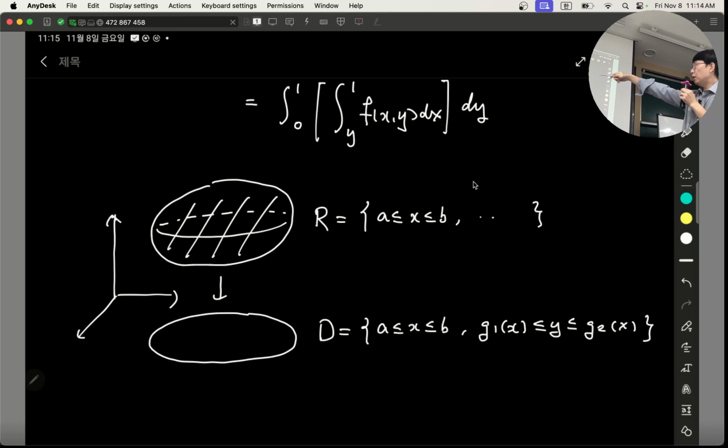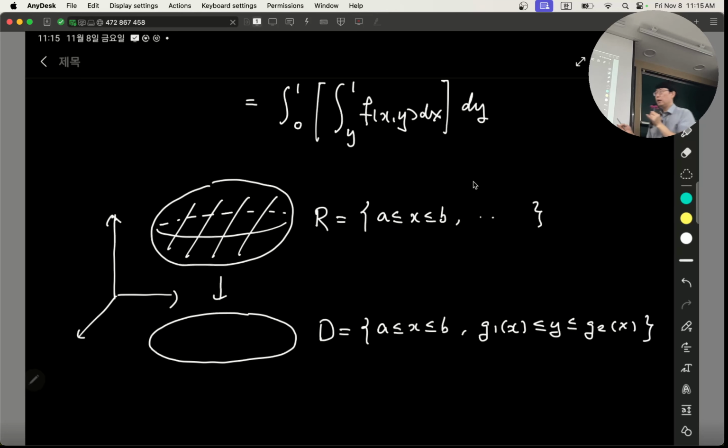So when you take the integration over R, you're taking a partition of R, or maybe you can partition the big cube that contains R, to get the integration. You take the partition, and then for each partition, you get the volume of the small region, multiply it by the three-variable function, and sum them up.